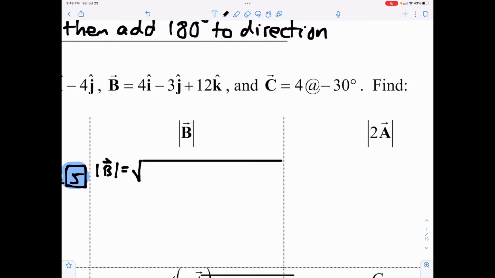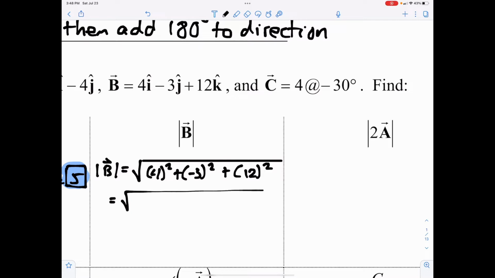So we're going to go 4 squared plus negative 3 squared plus 12 squared, which would be 16 plus 9 plus 144, which gives you 169, the square root of which is 13.